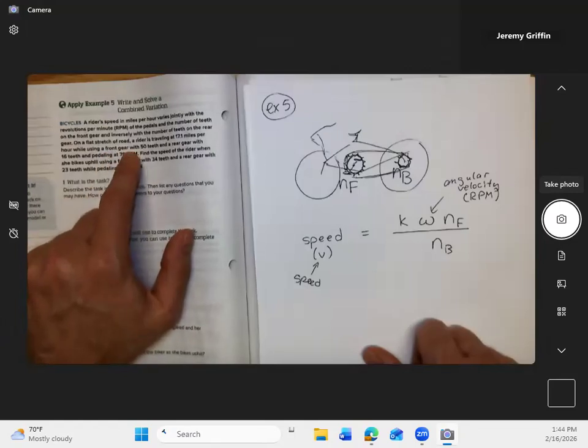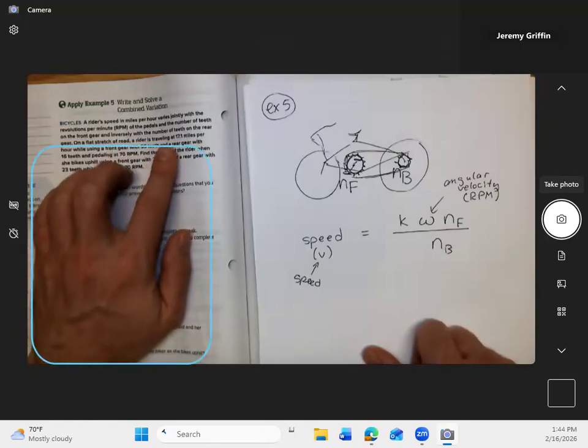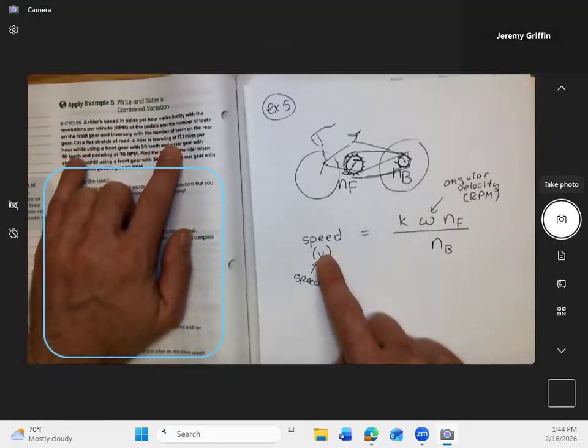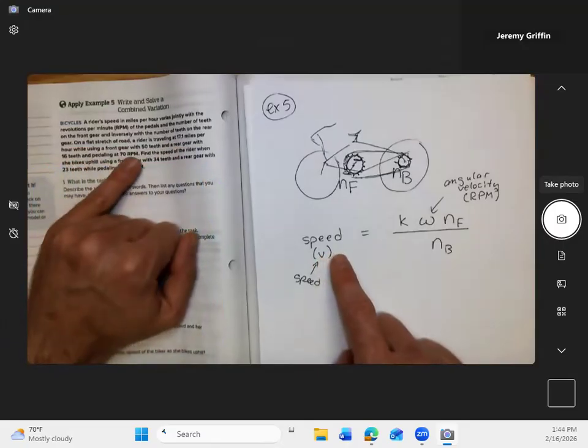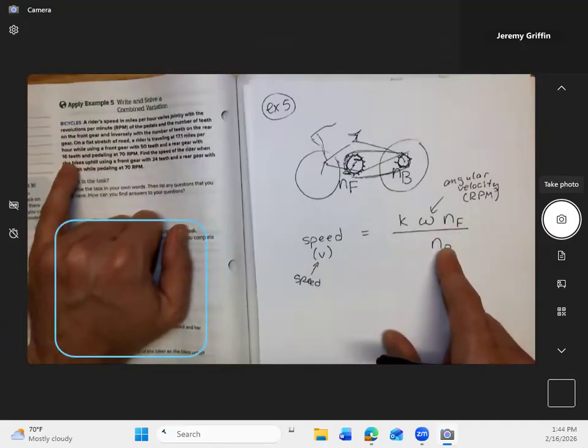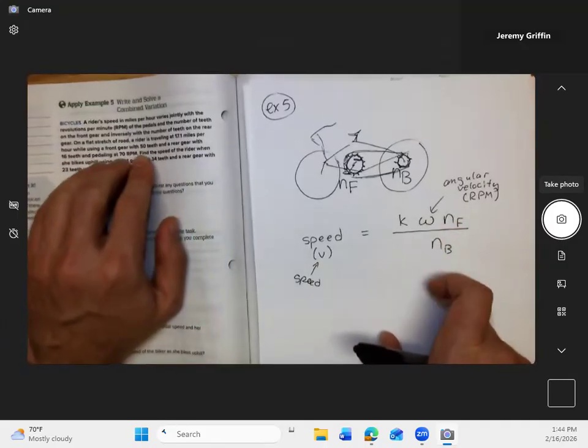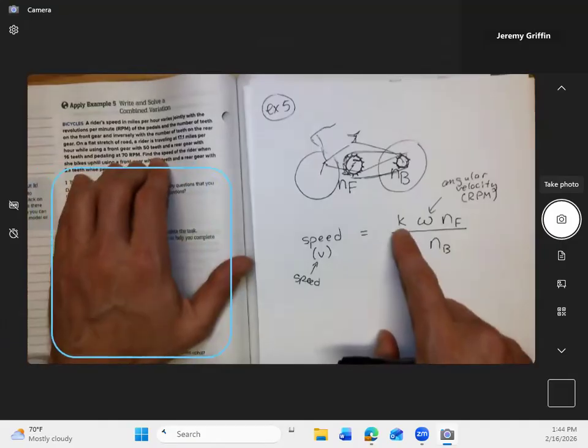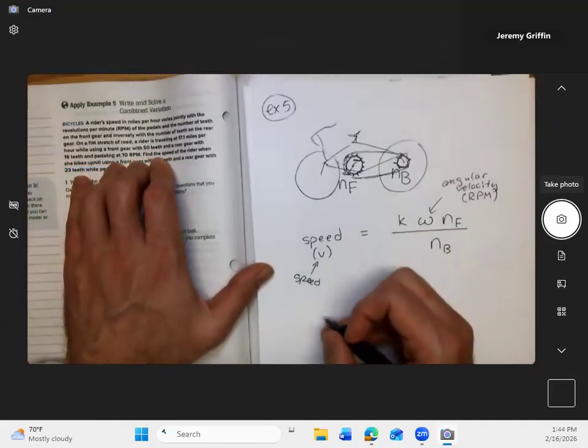So on a flat stretch of road, the rider's traveling 17.1 miles per hour. The front gear has 50 teeth and the back gear has 16 teeth. He's pedaling at 70 RPM. That is a complete set of numbers right there, except of course for the K that we're using those numbers to solve for.